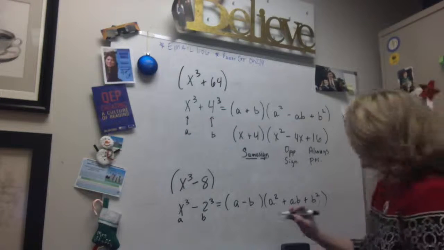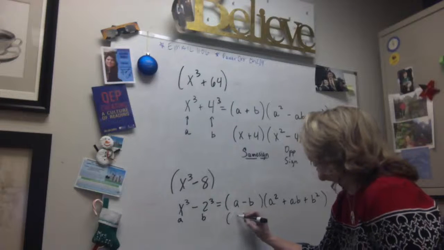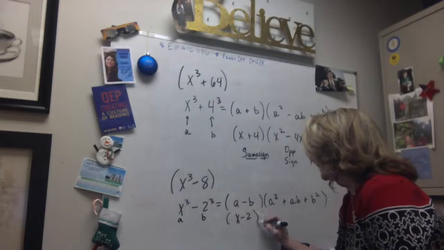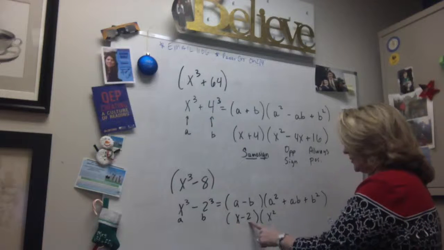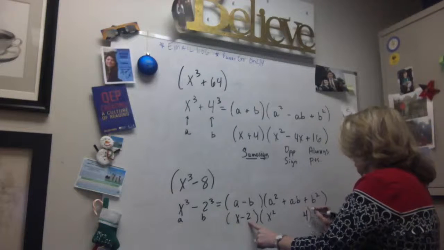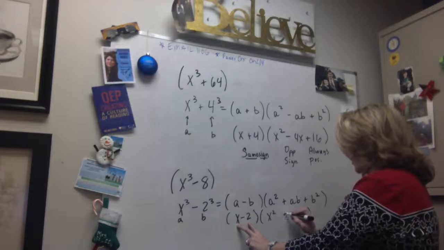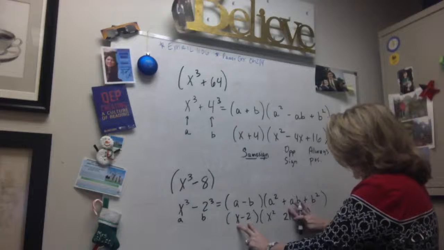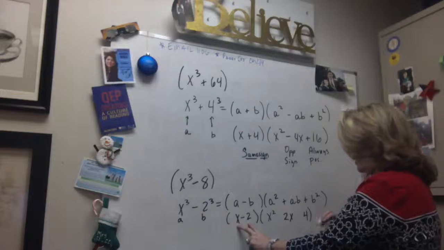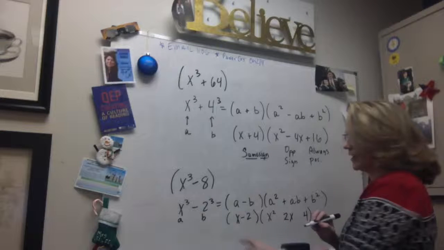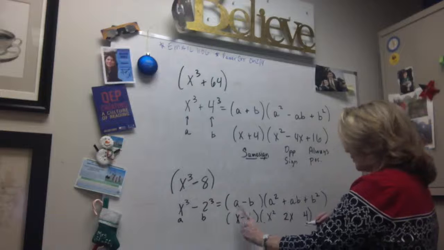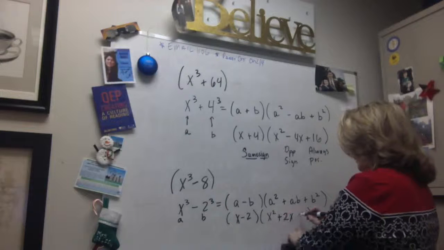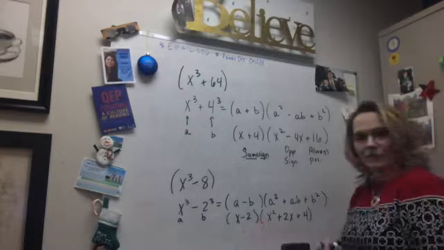Now for this problem then, that means we're going to have x minus 2, square this, load in the front, square the back, and load it in the back. Touch these two because when you multiply them, they become the middle term. Let's talk about signs. It started off as a minus, so I keep the minus. This will be the same sign as before, this will be the opposite, and this is always positive. So you've got your factored form.